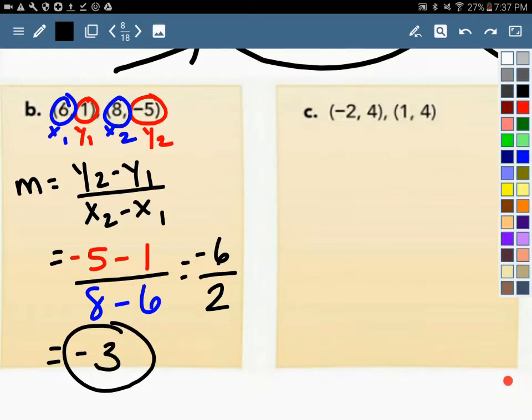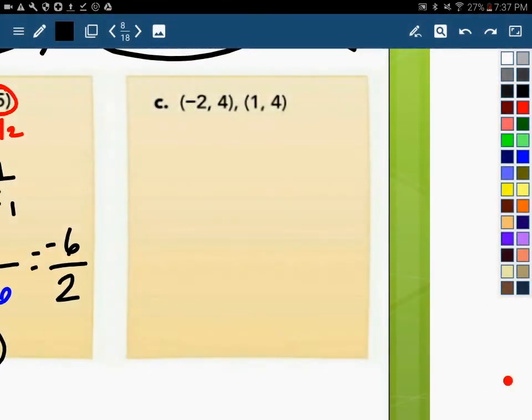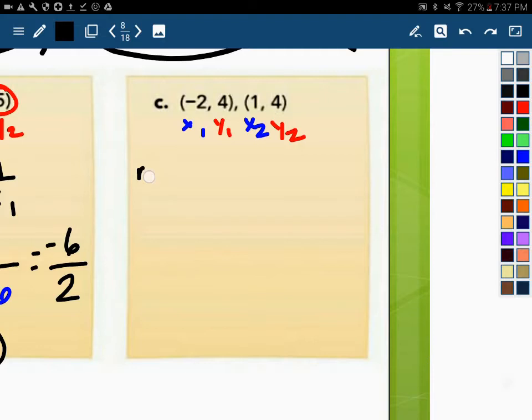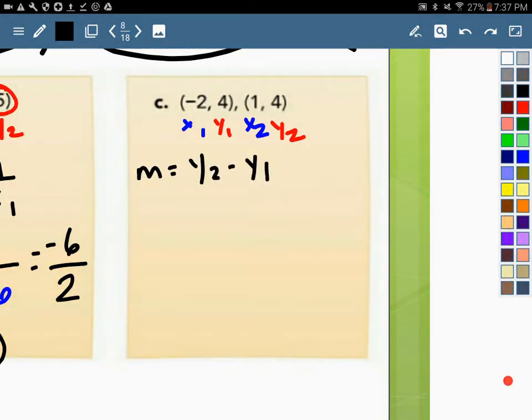Last one. I'm going to do the exact same thing. Here's the x from the first point. Here's the x from the second point. Here's the y from the first point. Here's the y from the second point. M is equal to y2 minus y1 over x2 minus x1.